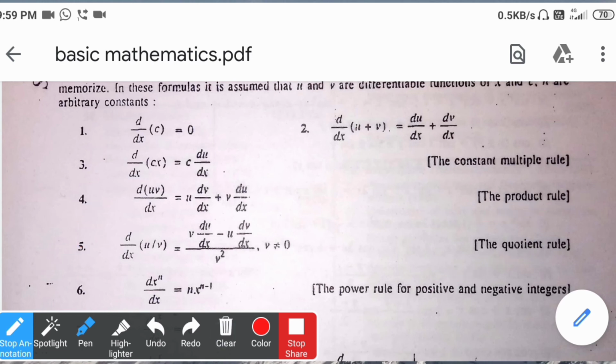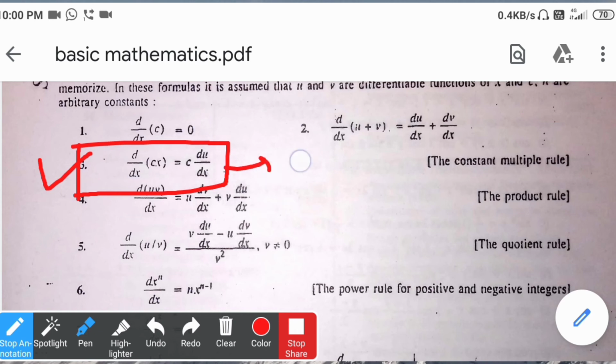And suppose we are having a function that has some constant value with it, and it is multiplied by a certain function. In that case we will take that constant outside and we will differentiate the function with respect to the given variable. So this type of function is useful for solving our operators.